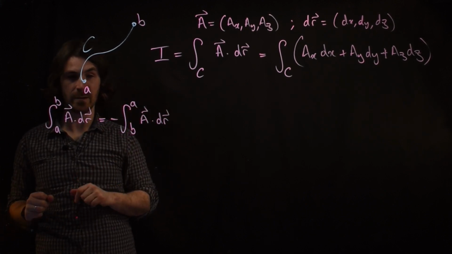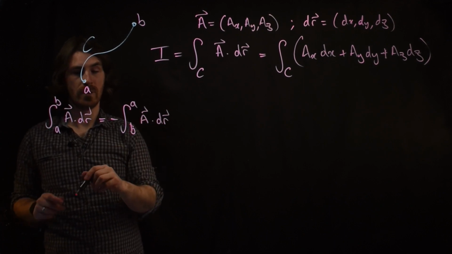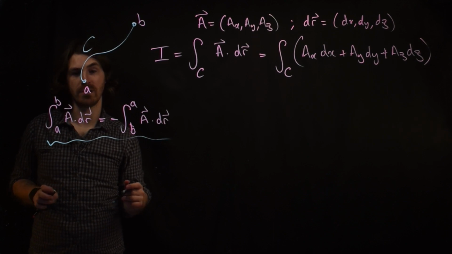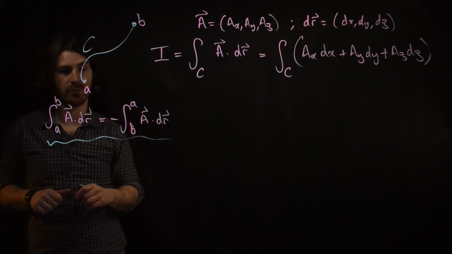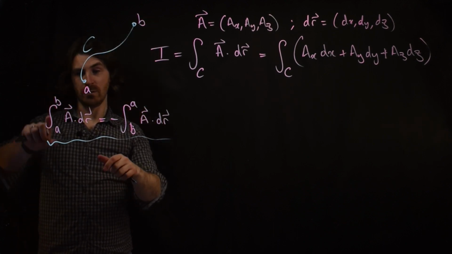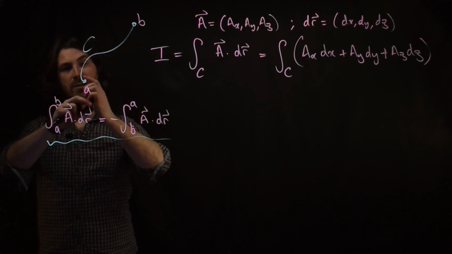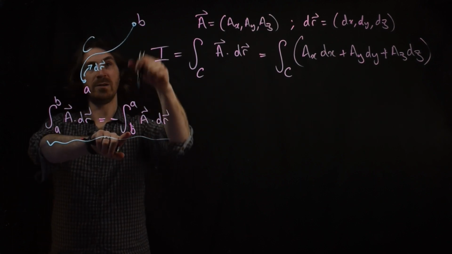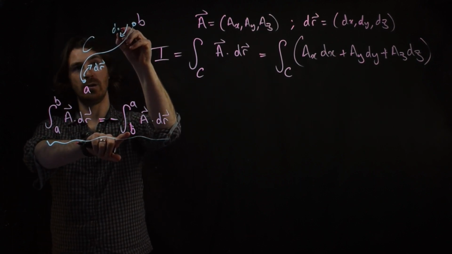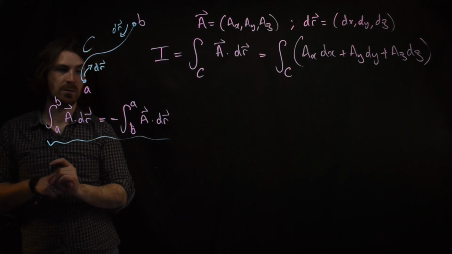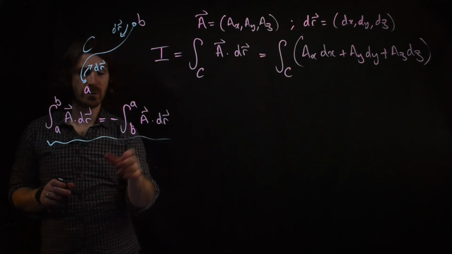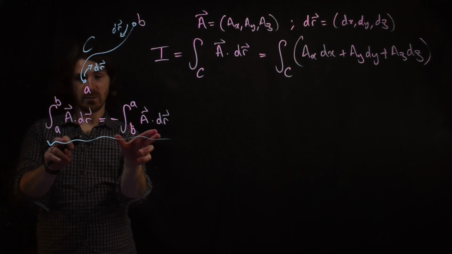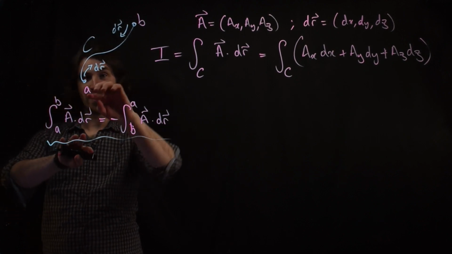We need a minus sign here. So in this case, this line integral does depend on the direction in which you traverse the curve. If you go from A to B, then your dr points in this direction. But if you go from B to A, then your dr points in the opposite direction. So you need a minus sign to make them equal. So it depends on which way you go.